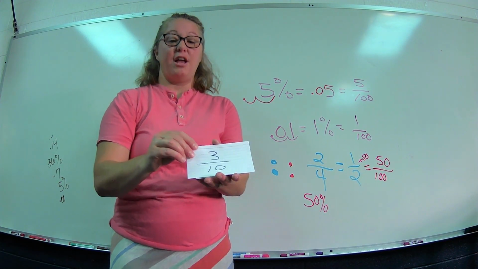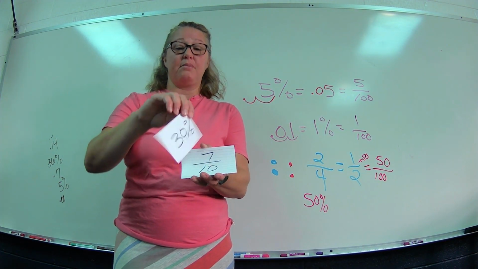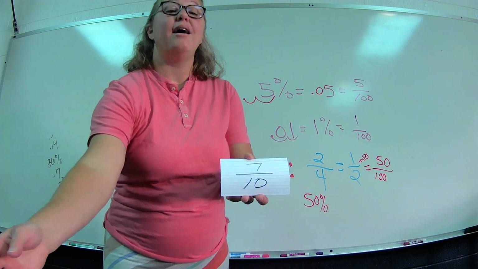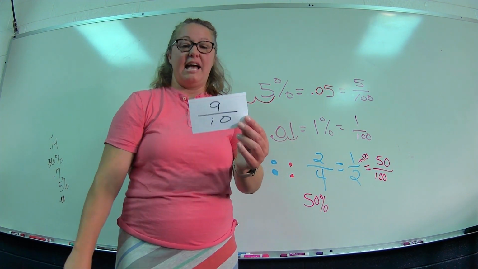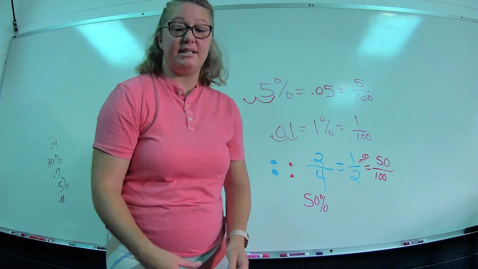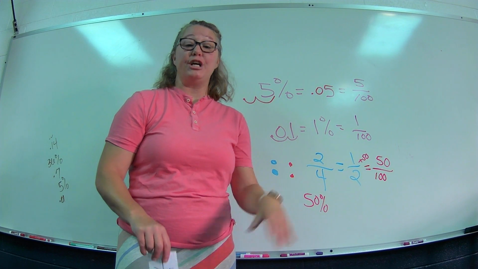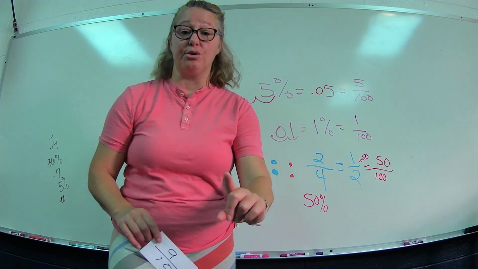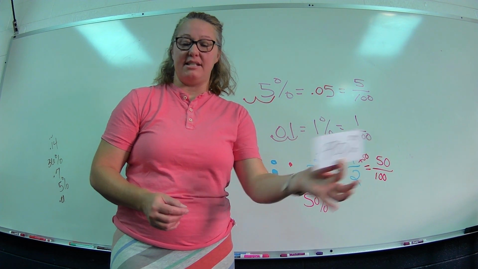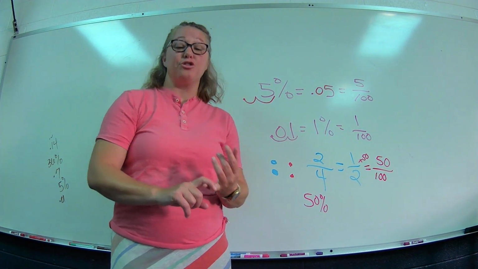All right, here you have 3/10, which is 30%, and 7/10, 70%, and 9/10 is 90%. So if you have a quiz that has 10 questions and you get 9 of them correct, you will have a 90%. All right, just a good introduction to percent.